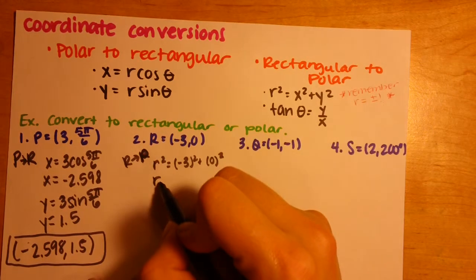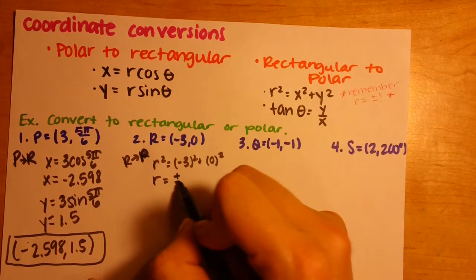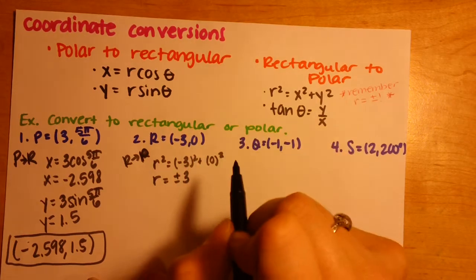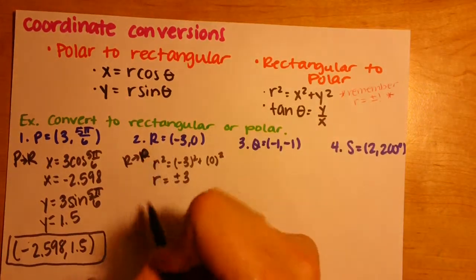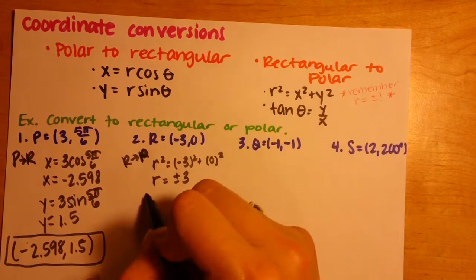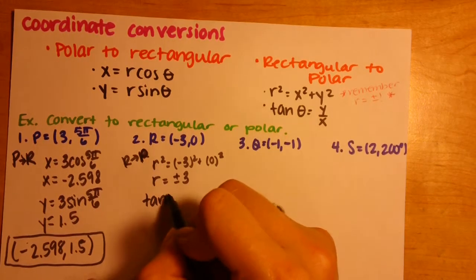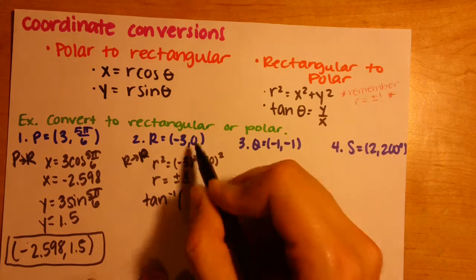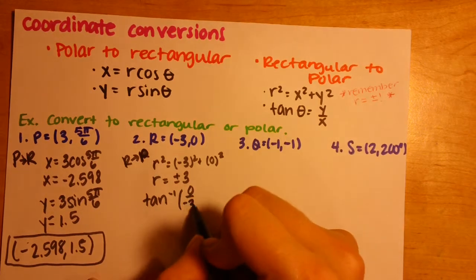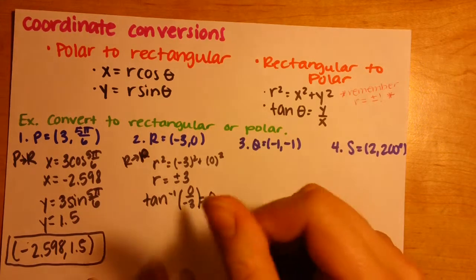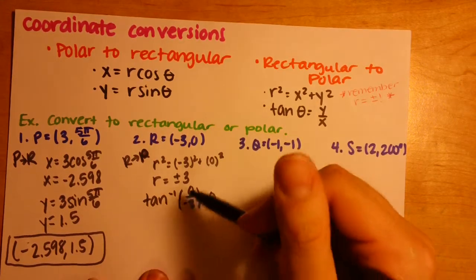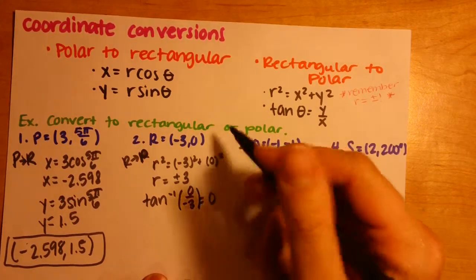So r equals plus or minus 3. So we have 0, that goes away. And now we need to find the angle. The angle is tangent inverse of y over x, 0 over negative 3, which equals 0. Tangent inverse of 0 is 0.